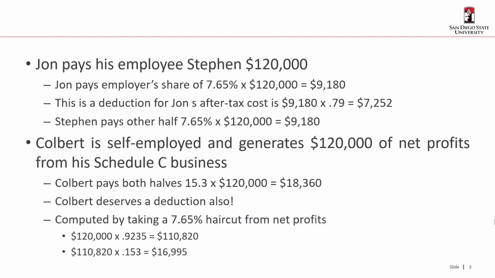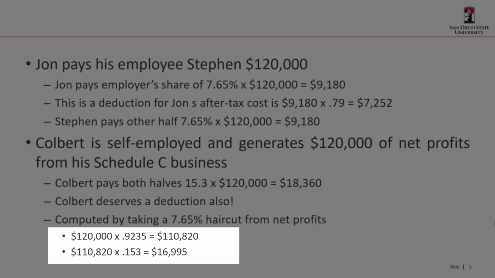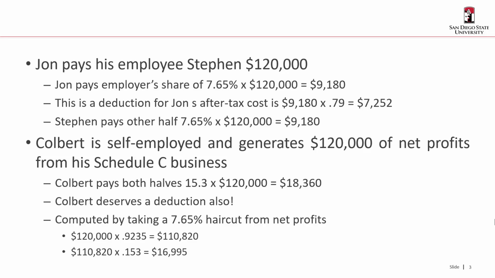So rather than paying 15.3% on the full $120,000, you take the $120,000 multiplied by 0.9235, which is of course 100% minus 7.65%. You get $110,820. The $110,820 is now what you multiply by the 15.3%. So Colbert, as a self-employed individual, has self-employment taxes of $16,995.